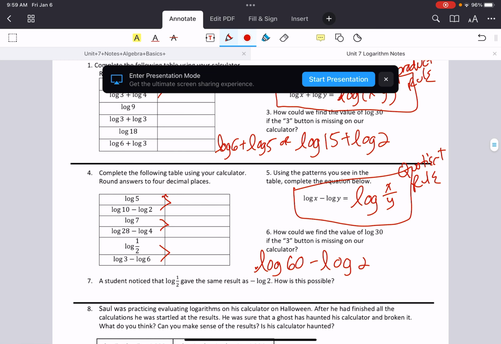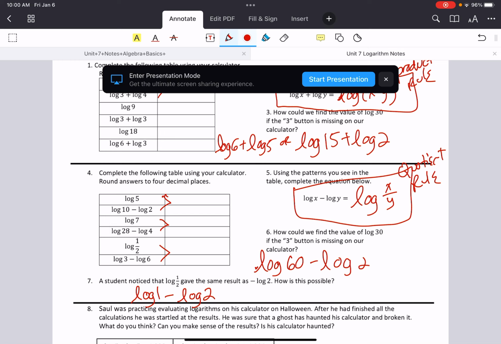I want to talk about 7 really fast, but let's do it together. A student noticed that the log of 1/2 gave him the same result as the negative log 2. So I just want to go through our rules from today and last time to talk about why that makes sense. If I used our quotient rule that we just did, I'd split that into log 1 minus log 2, right? Anybody remember from last time what log 1 is?